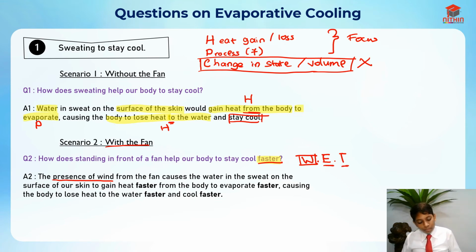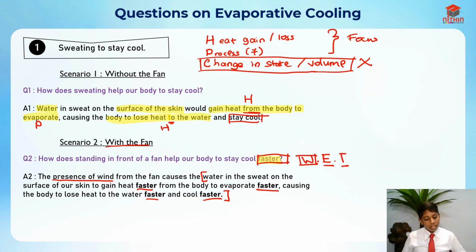So the presence of wind from the fan causes the water. Do you realize something? From this part onwards, the whole answer is the same, right? So the water in the sweat, but there's a difference. We are including the word faster wherever we can, because there is a comparison term over here, so we need to use this comparison term in our answer as well, so that we can identify that there is a change.